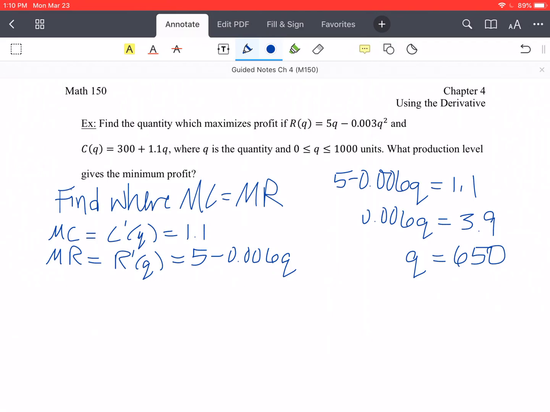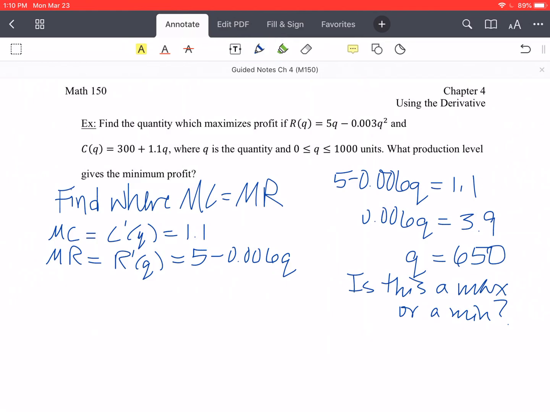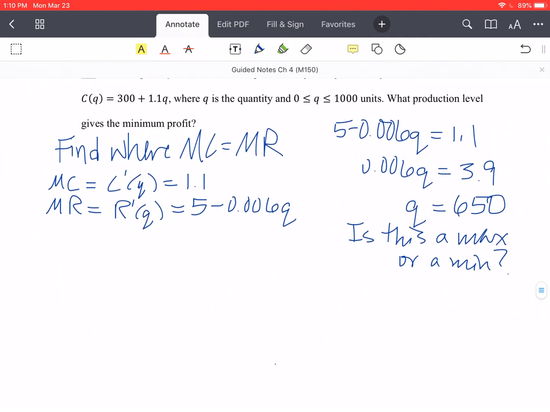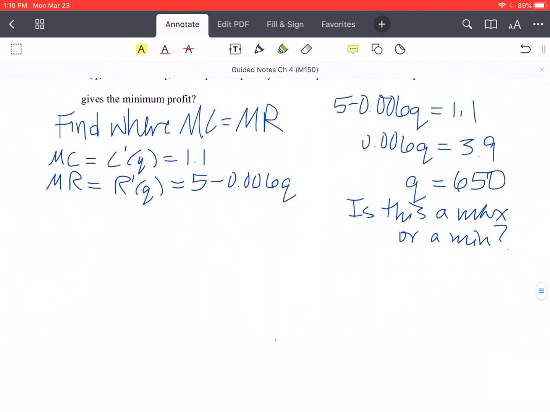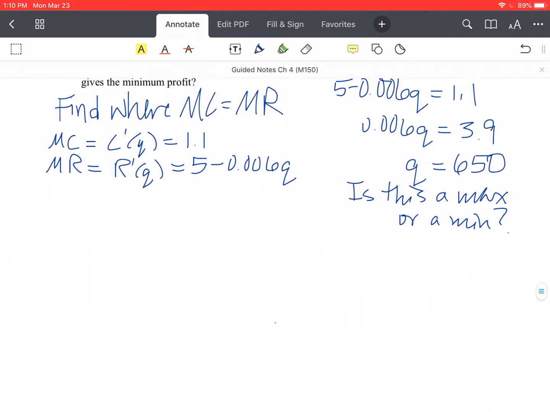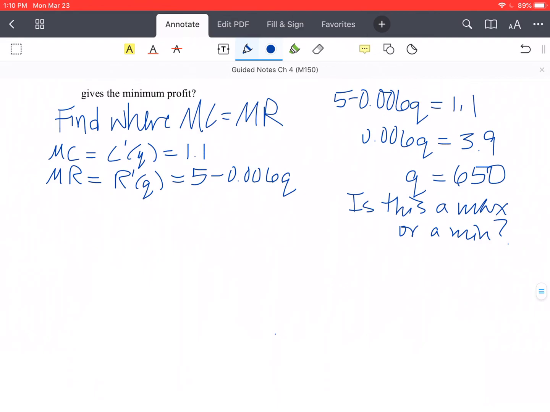So the question now is, is this a max or a min? Okay, that's the next big question. So let's check to the left and to the right of 650. So that's kind of our first portion here.